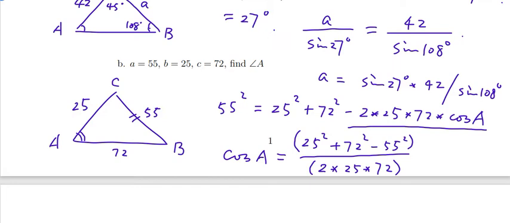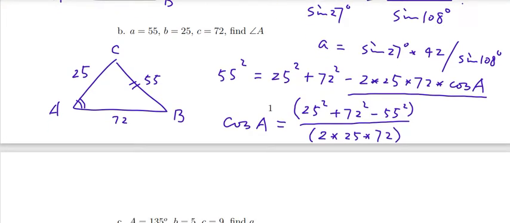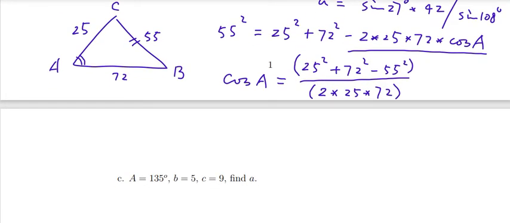Okay, so once we have the cosine, we can find the angle A. This is easy, right? So angle A equals inverse cosine, cosine to the power of -1. Put this number in so you can find this angle A.